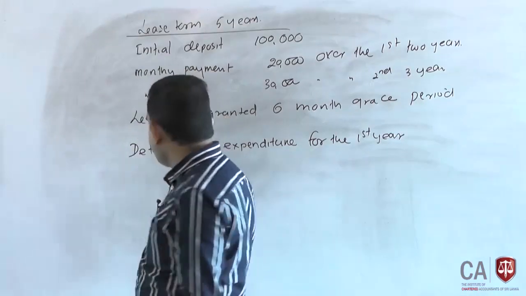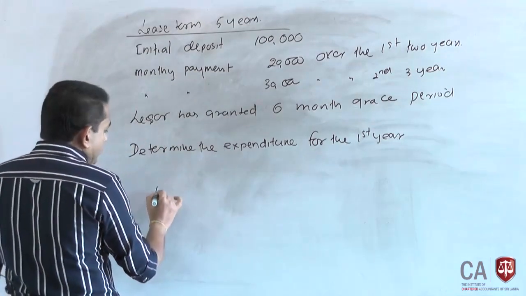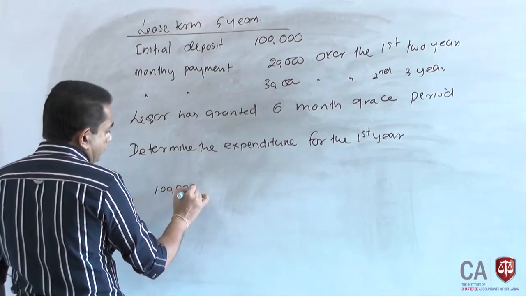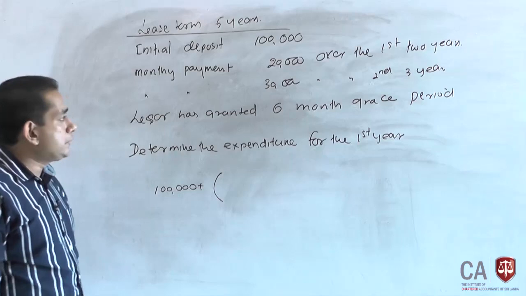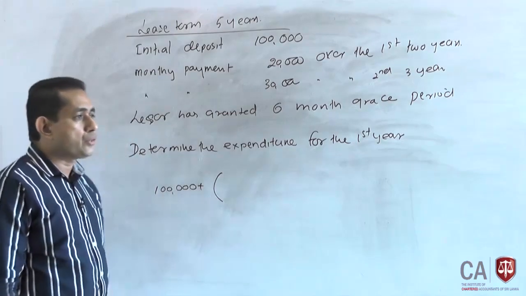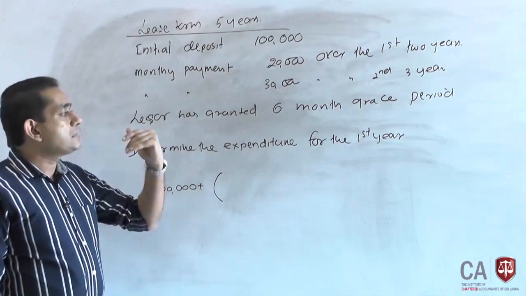You must level it. Now, how do we do that? Initial payment is 100,000 plus, and over the first 2 years the rental should be 20,000 rupees a month, but still there is a grace period.